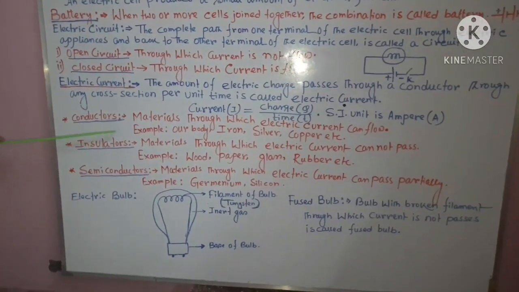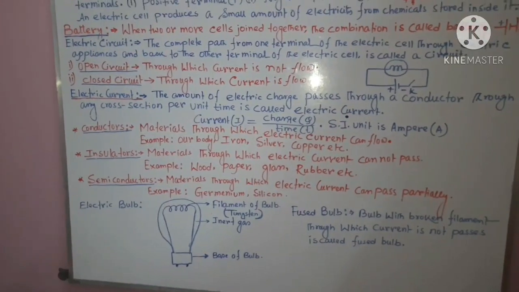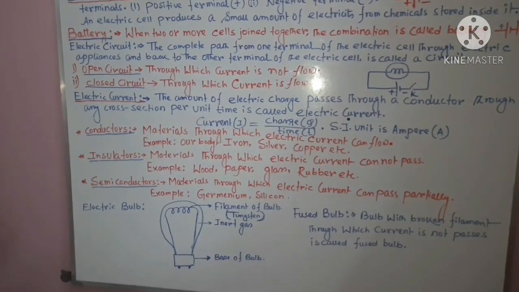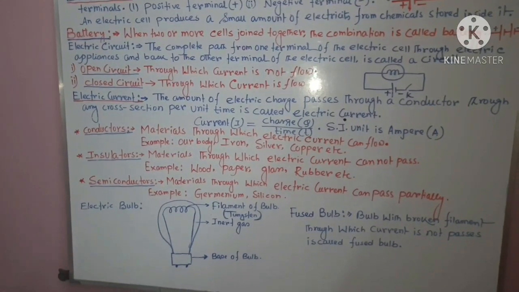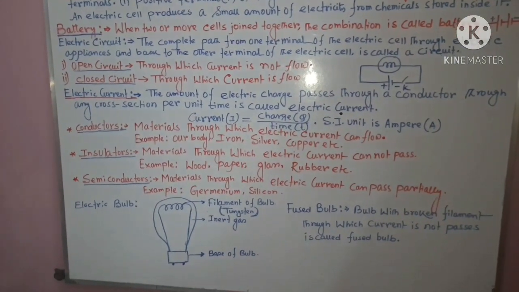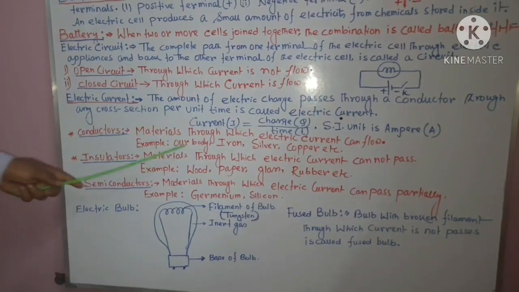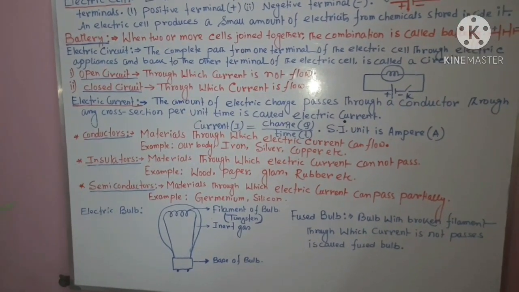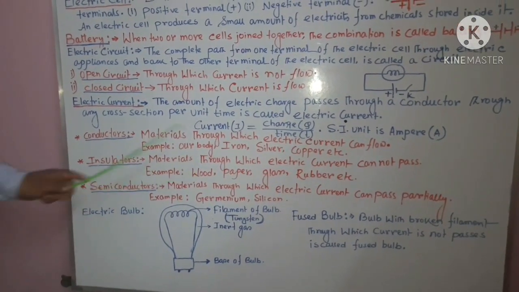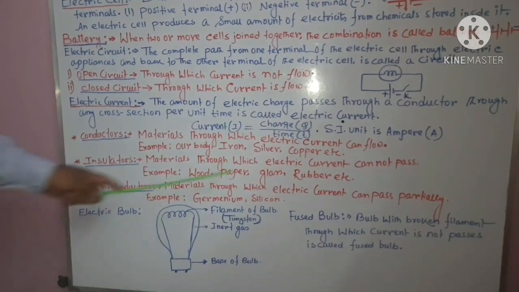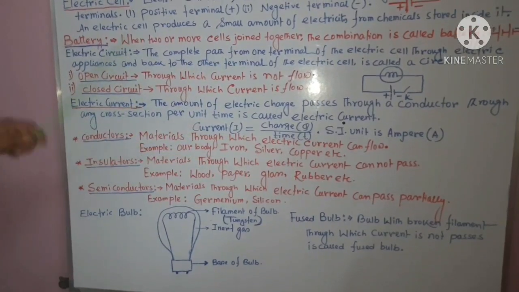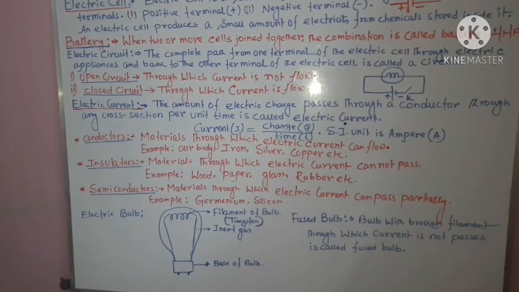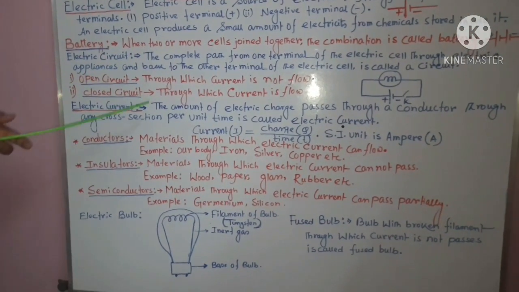Next is insulators. The materials through which the electric current cannot pass are known as insulators. Example, wood, paper, glass, rubber, etc. These are insulators because through this type of materials no current passes.